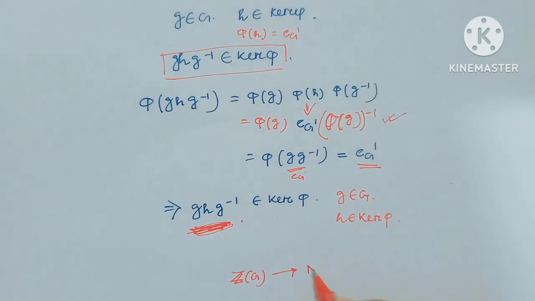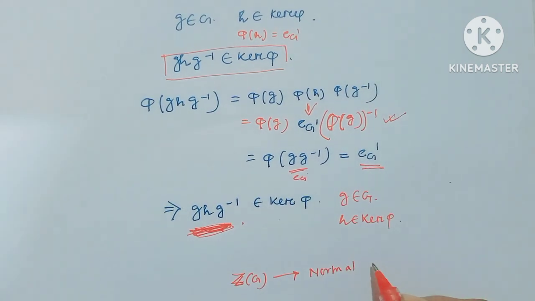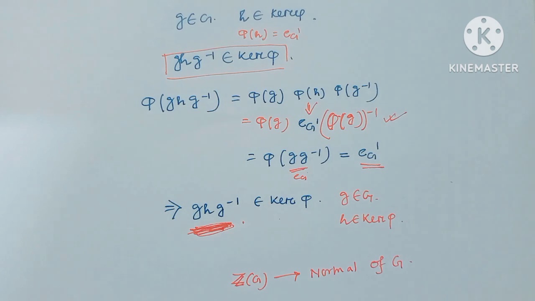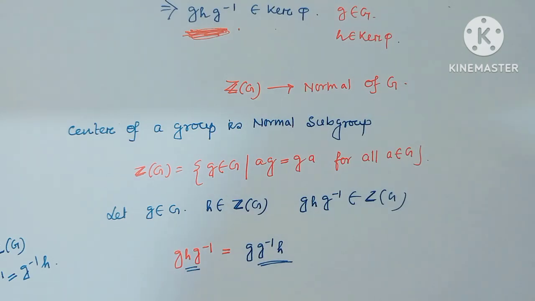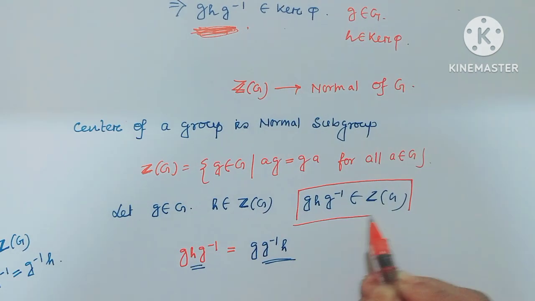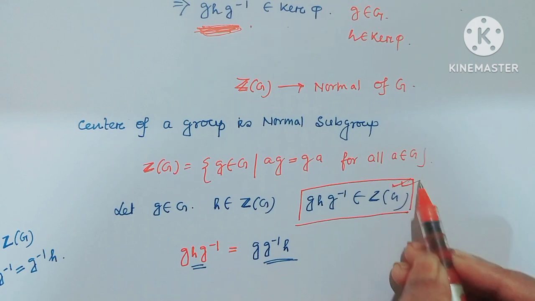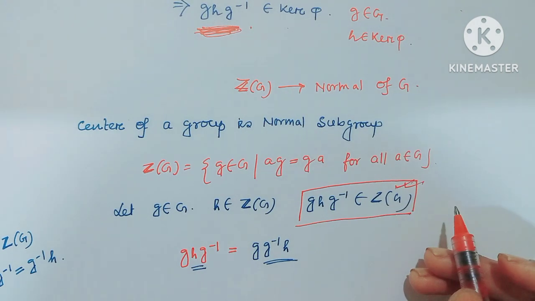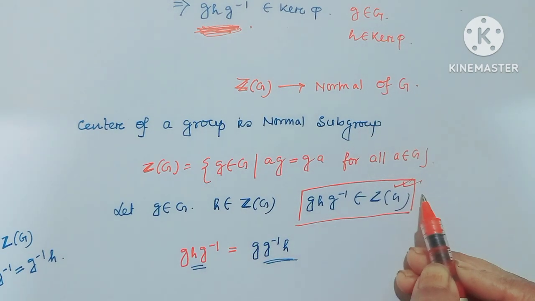Z(G) is always a normal subgroup of the group G. Z(G) is always normal because if we consider an element g belonging to the group G, and a belongs to Z(G), we have to show that g a g inverse belongs to this subgroup Z(G). Then obviously Z(G) is a normal subgroup. This we have to show.